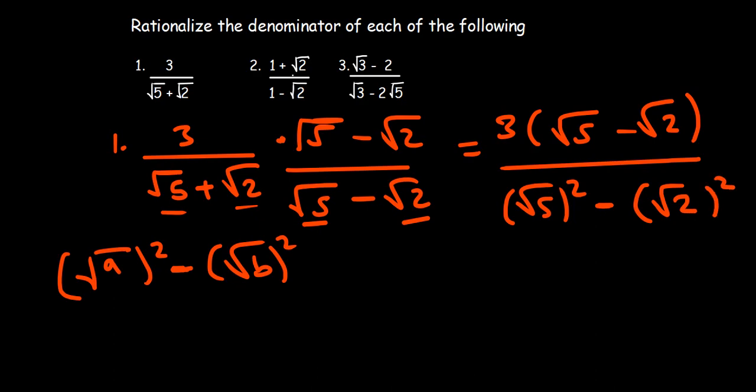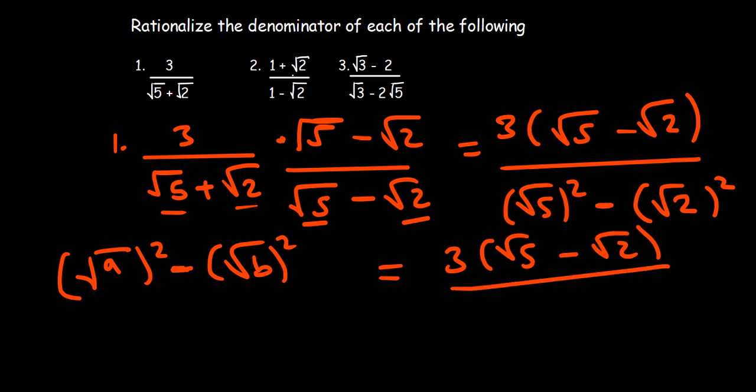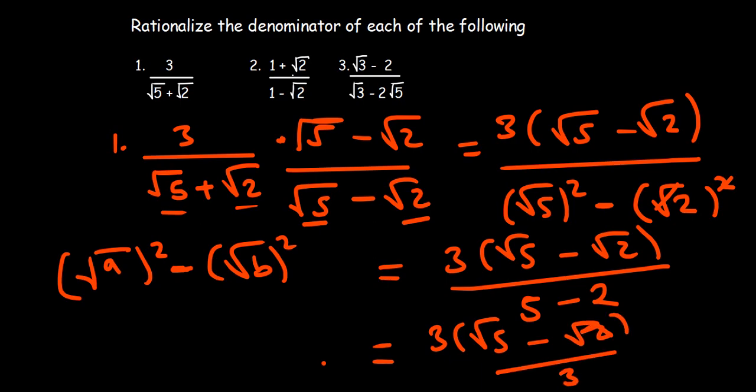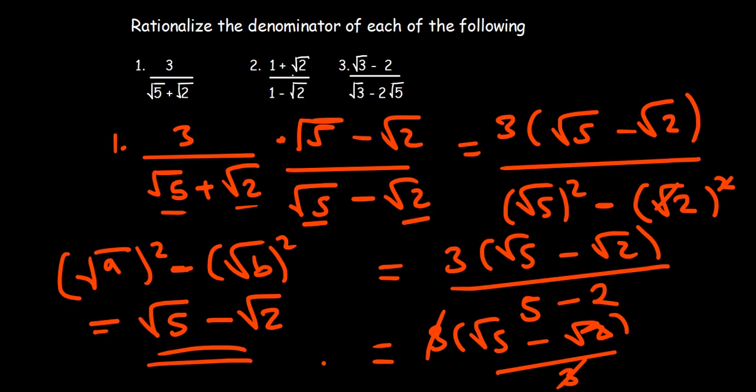You get 3 root of 5 minus root of 2 on top, and at the bottom 5 minus 2, which is 3. The 3 divides with that 3, and you just have root of 5 minus root of 2 remaining, which is your final answer. So we have rationalized the first question.